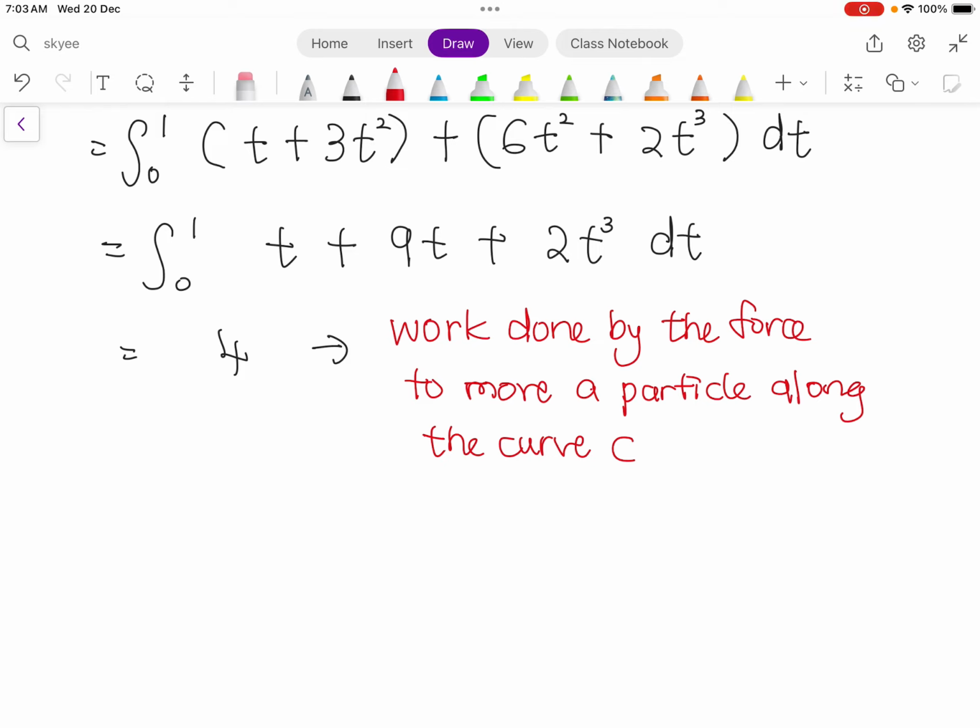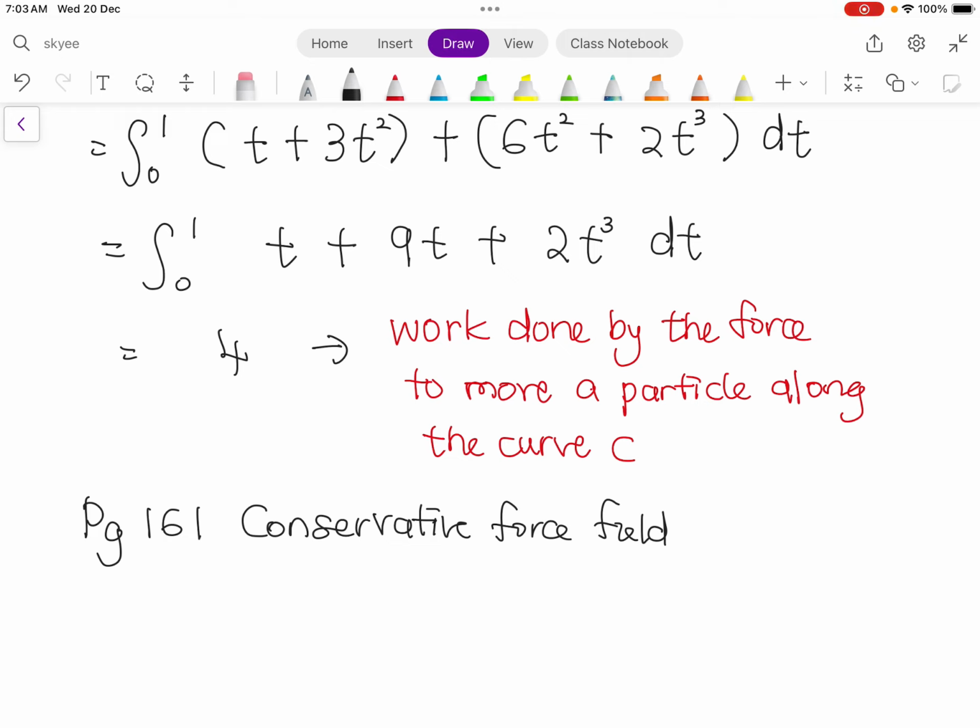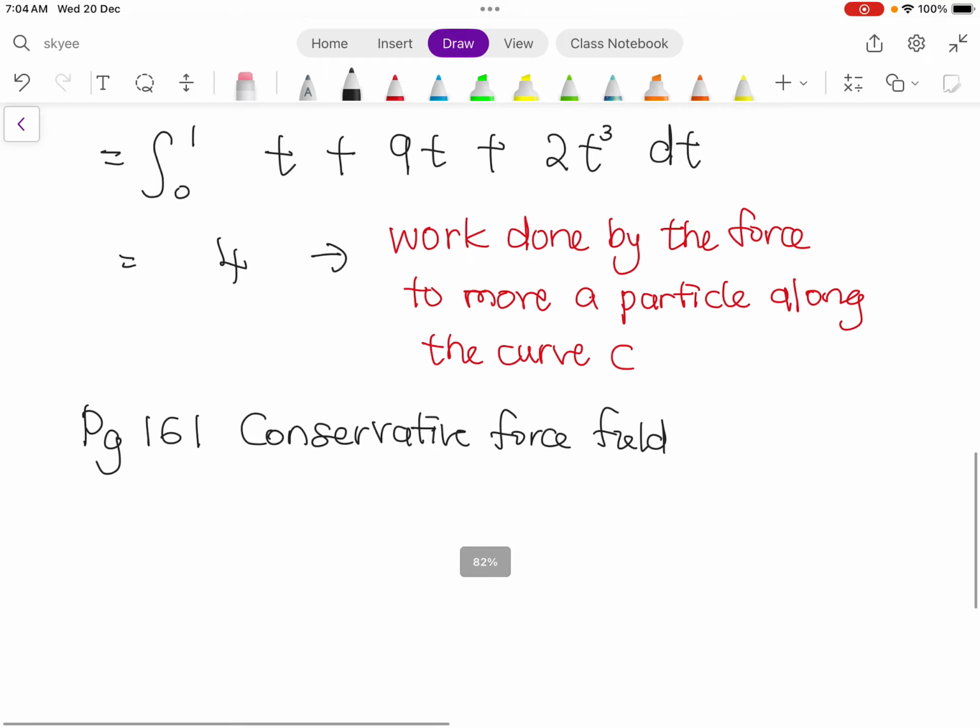So I want you to look at page 161, conservative force field. This is what I'm going to show you, about how to know that the force, or the vector field, is conservative.